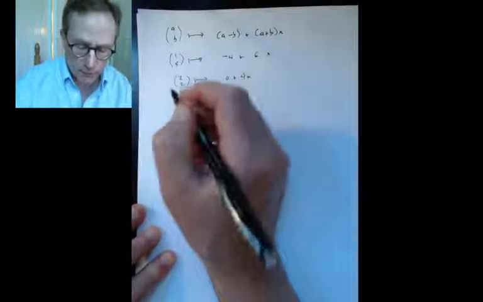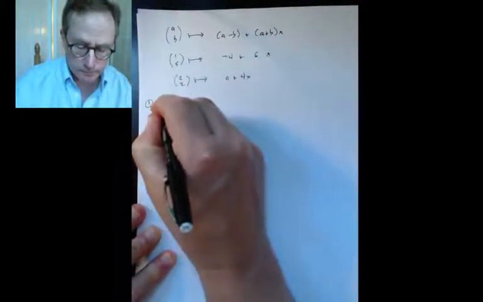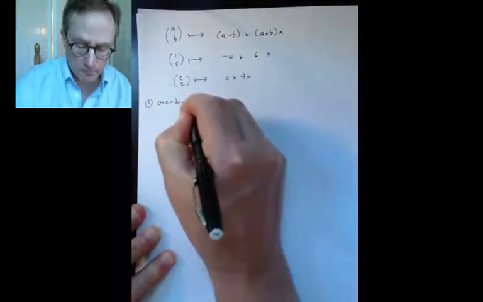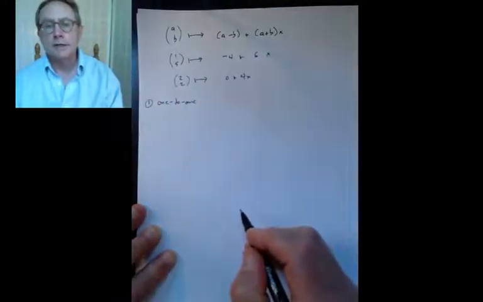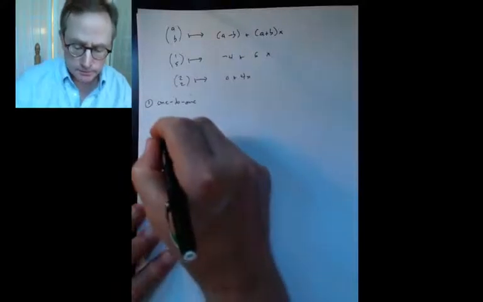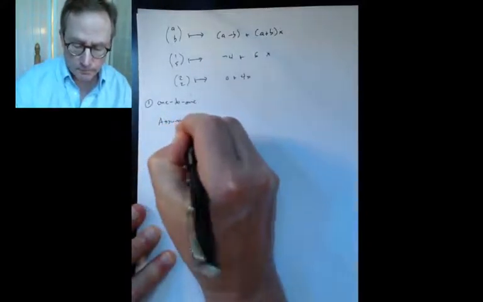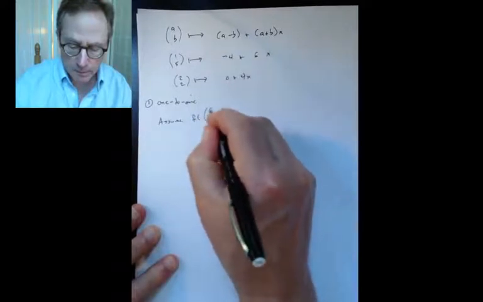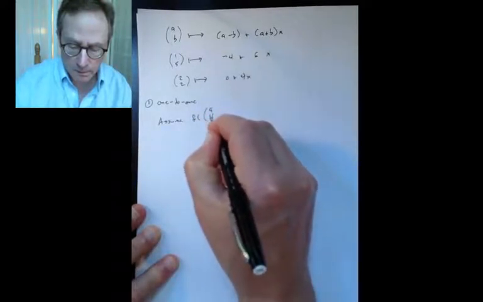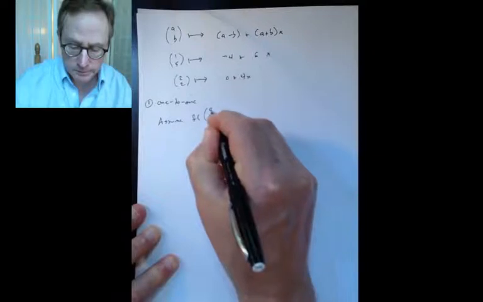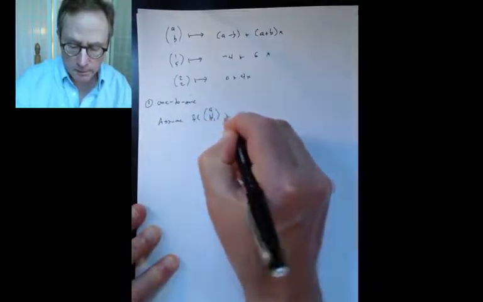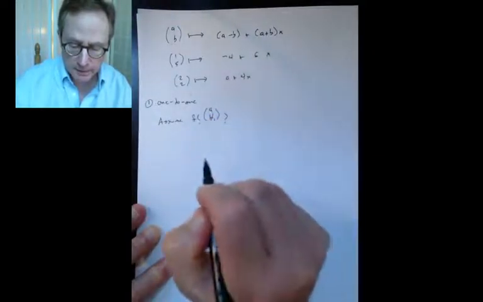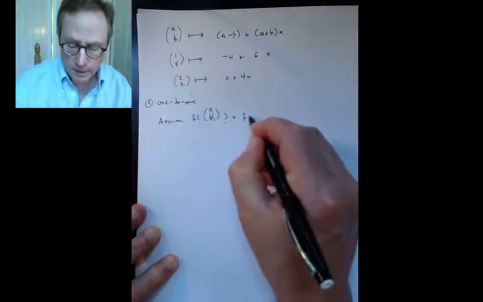Okay, so let's start off. We've got to show that it's one-to-one. And the how-to says, here's how you show it's one-to-one. You assume that F maps a first one, (a1, b1), to a second one, (a2, b2).